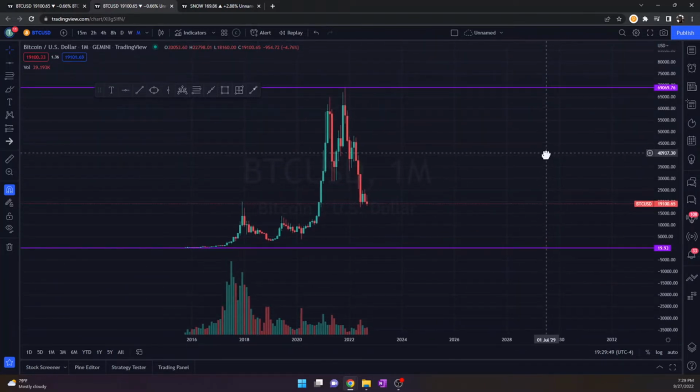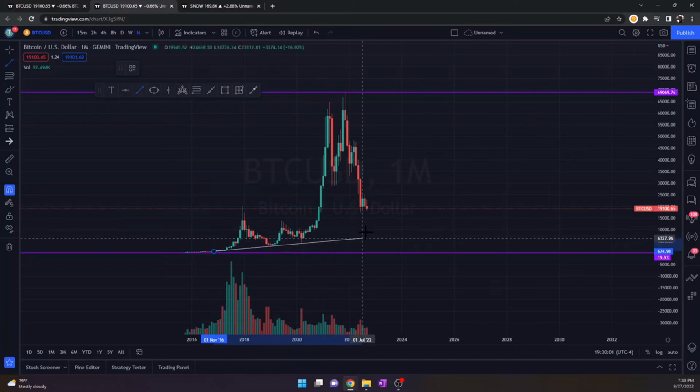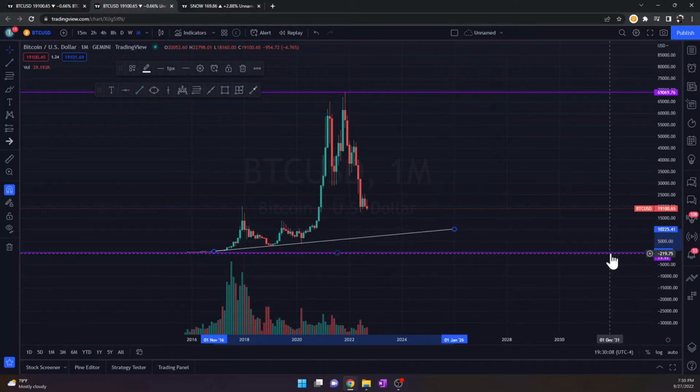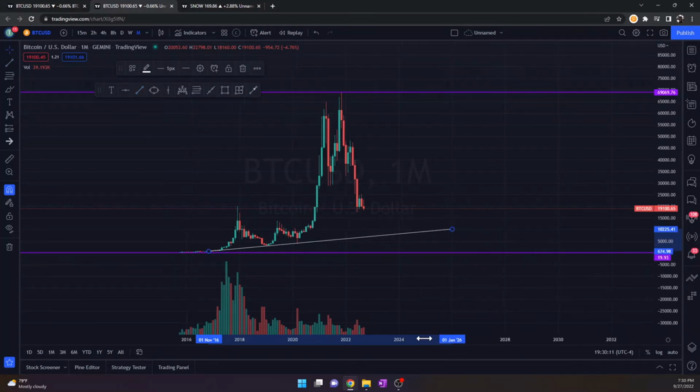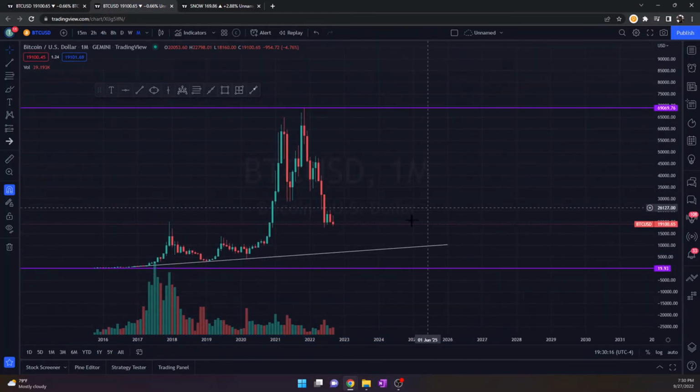And then I put in some trend lines. Trend lines are very subjective lines that set up boundaries of price action. This trend line is very low, and this is a 1 month chart.